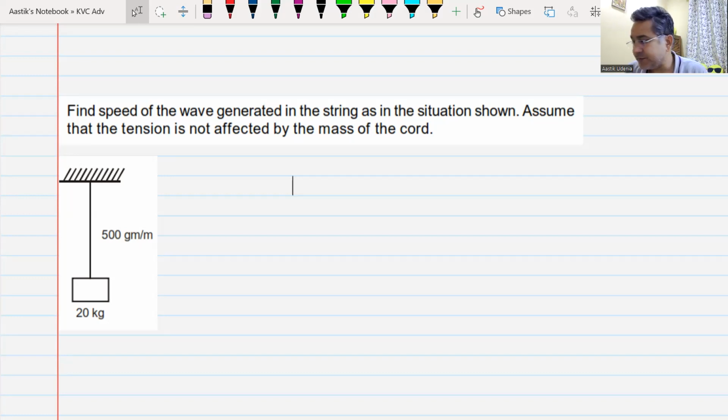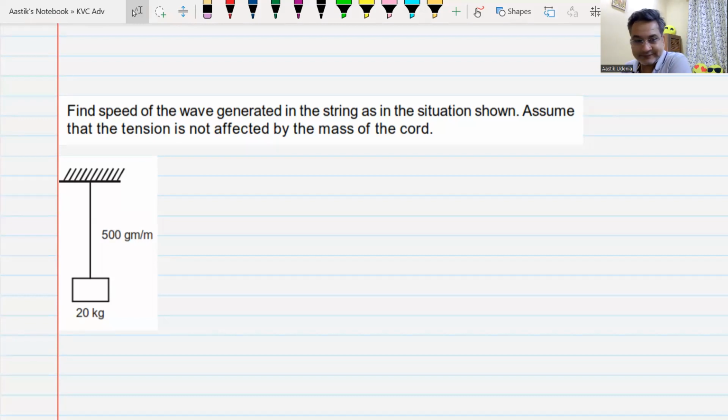If you generate a wave in this string, what will be the speed of that wave in that string? I'll give you a minute to do this. I hope you have read the question carefully.